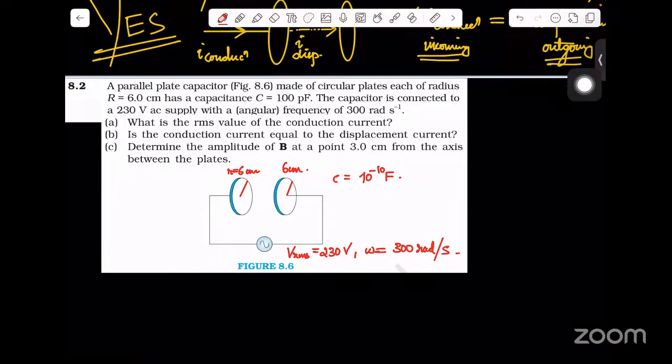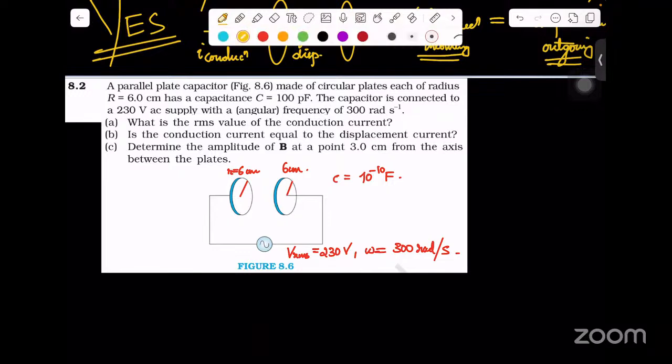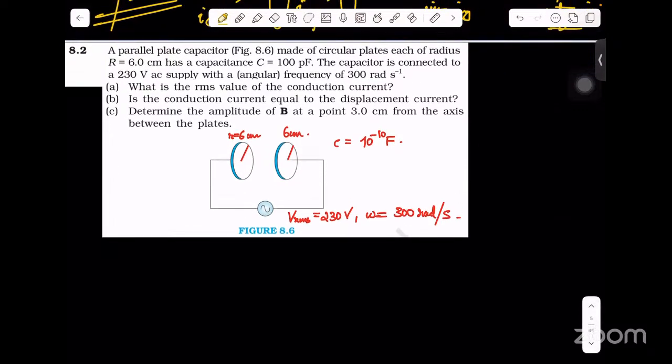So this much information has been given to us. Now the first bit says, what is the RMS value of the conduction current? We found the RMS voltage, and for any alternating current circuit, we need to first find the impedance. In this case, because it's only a capacitor, we can find the capacitive reactance of the circuit first of all.